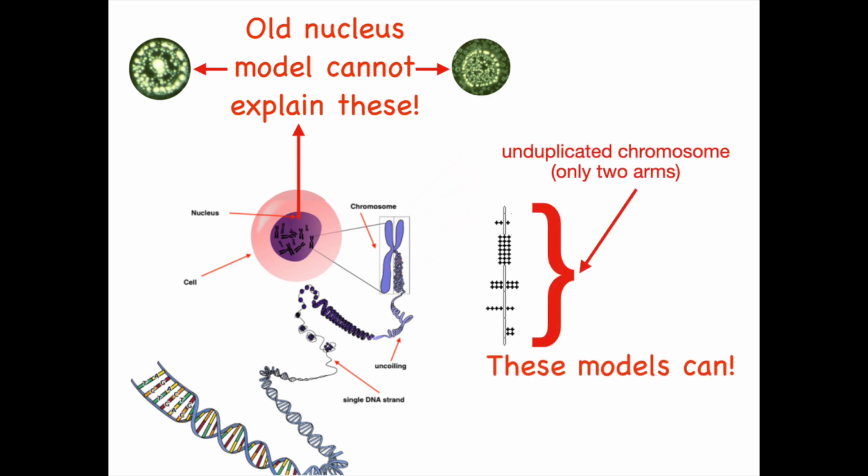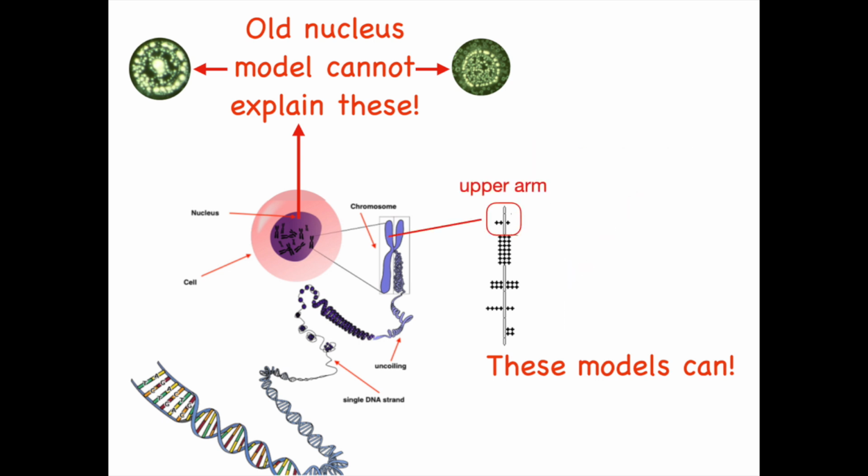What this shows here, it's a very strange looking model. It's an unduplicated chromosome, so it only has 2 arms, unlike the blue one that had 4. So there's the upper arm in relationship to the blue chromosome. And there's the lower arm in relationship to that chromosome.